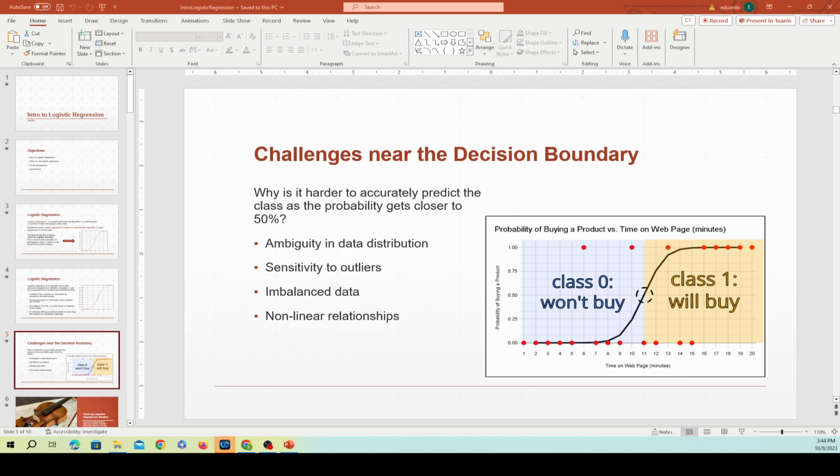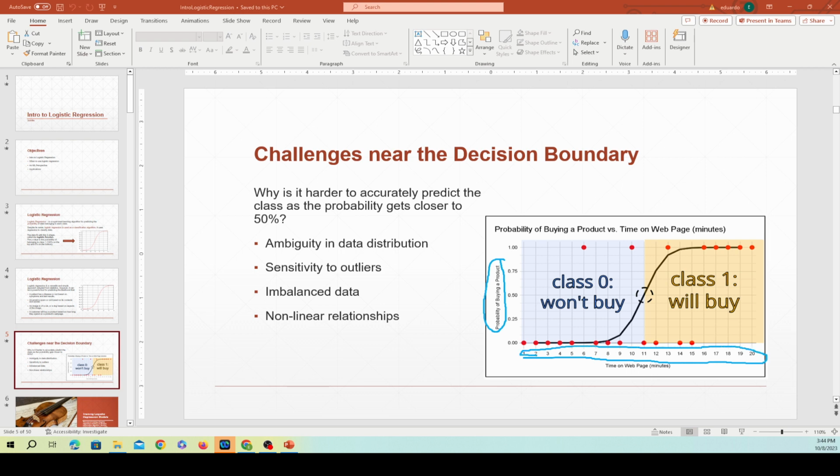On the left side, we categorize the probability. It represents the probability of being classified as class 0 or class 1, won't buy or will buy. The bottom part represents the time that this customer spent on that website.